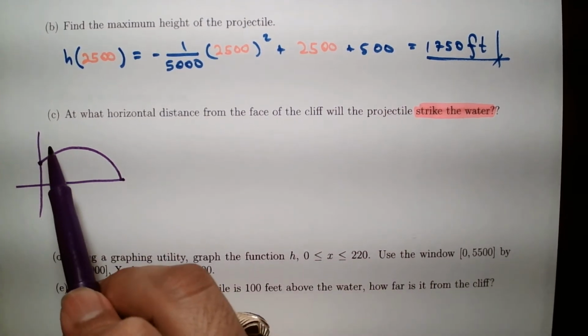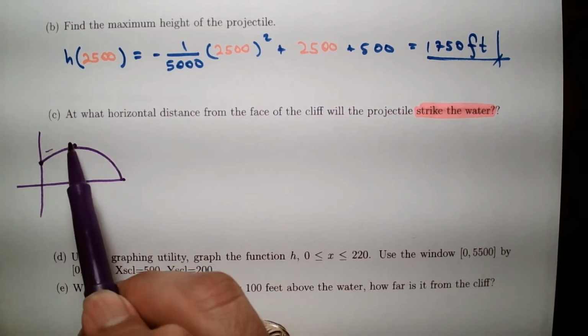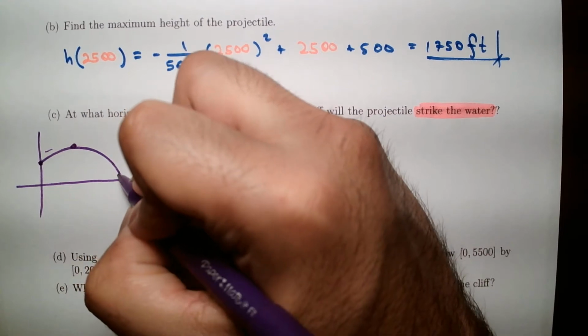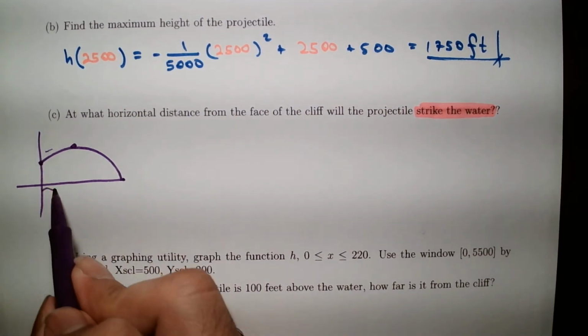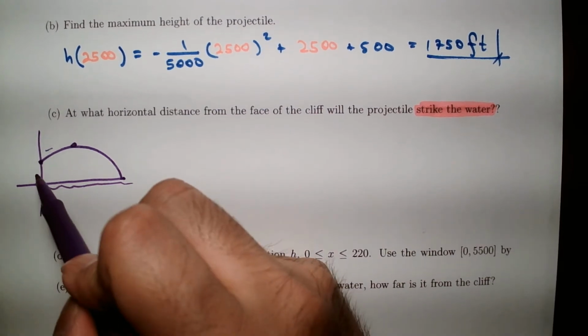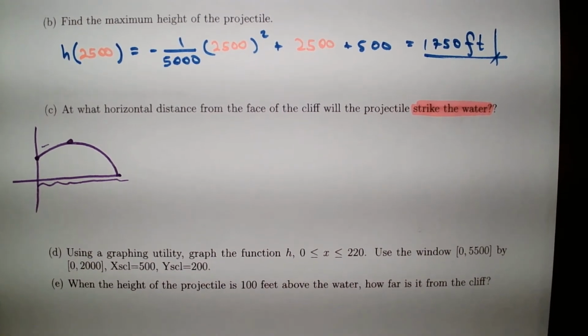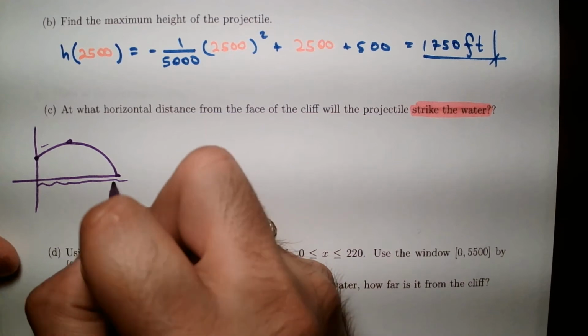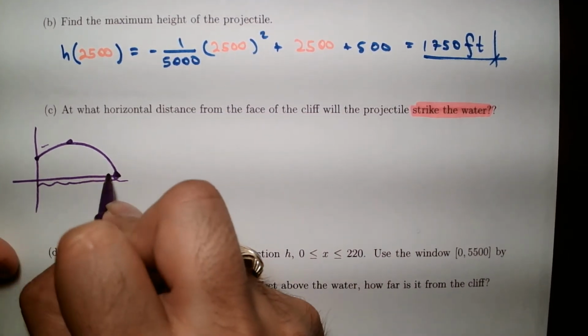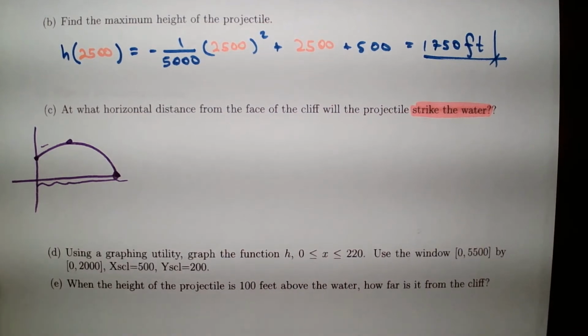The projectile is going to go up the hill. It's going to reach a maximum height, and then it's going to fall and hit the water. In this case, it's water, because this is an actual cliff. They're asking us essentially at what value of x the height h equals 0.